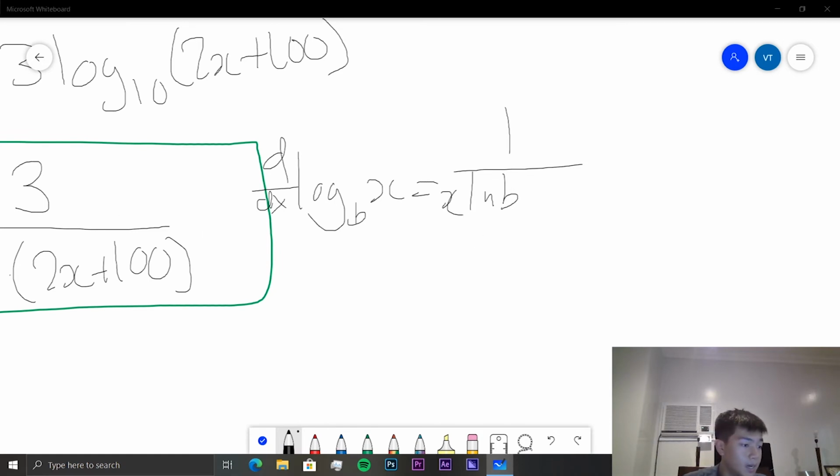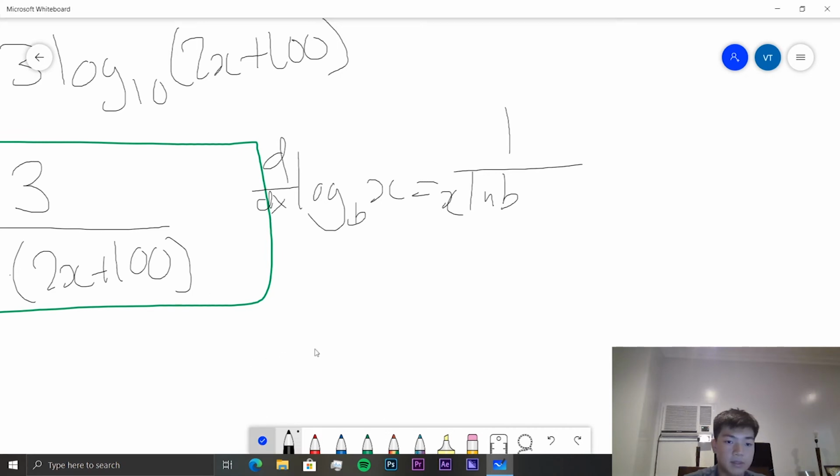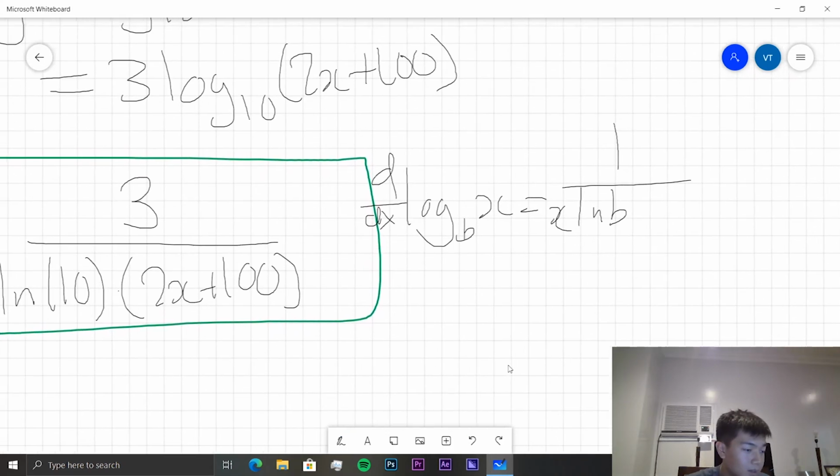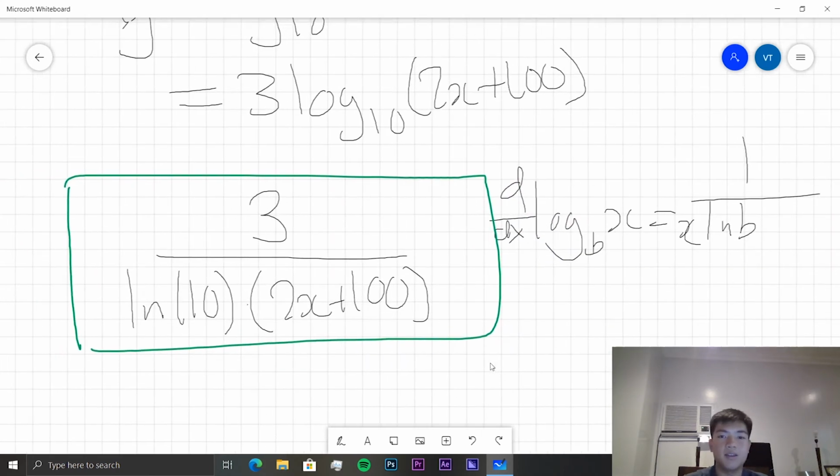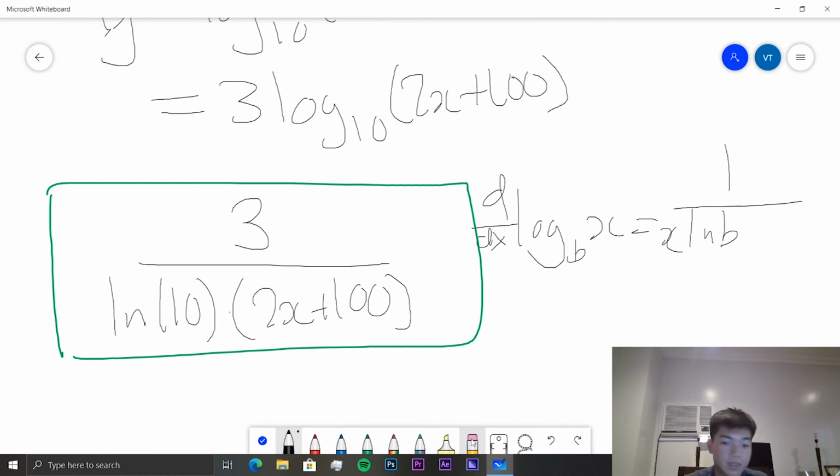Is that correct? Ooh, it's a bit different. What have they done? Oh, I forgot to... Okay, wait, yeah, no, I've made a mistake. Yep, because I forgot to differentiate inside, so we also have to multiply by this.